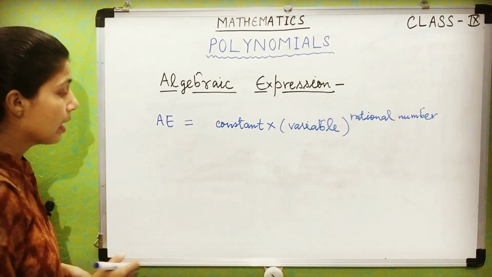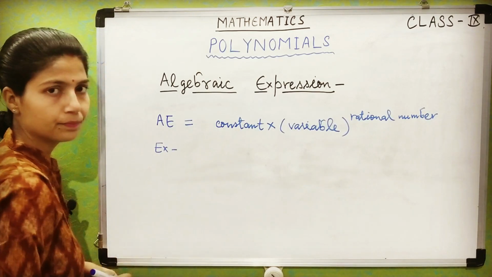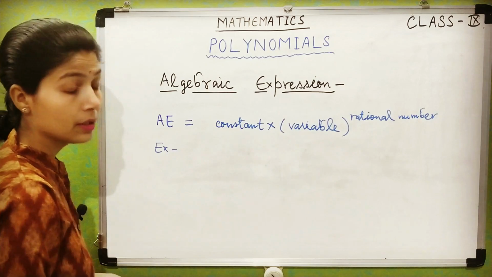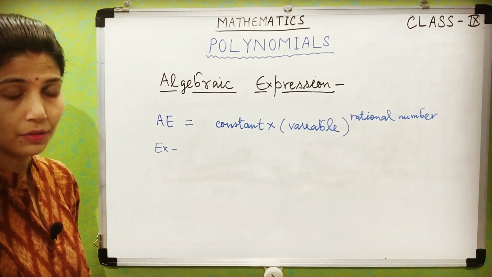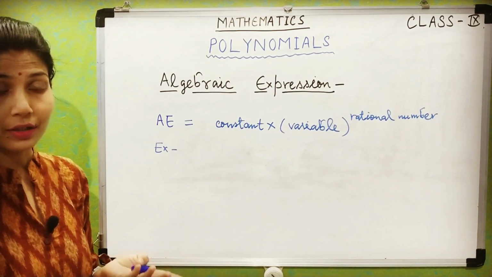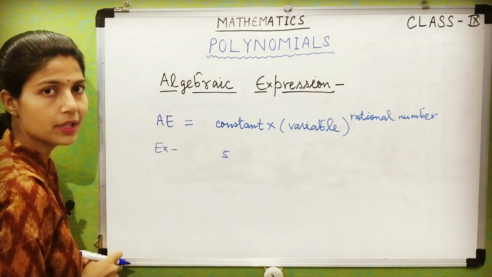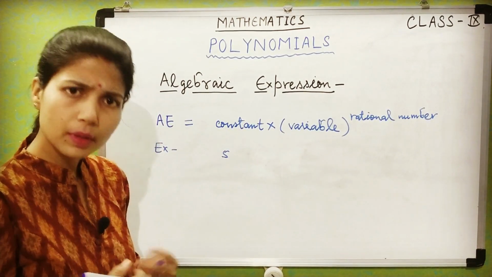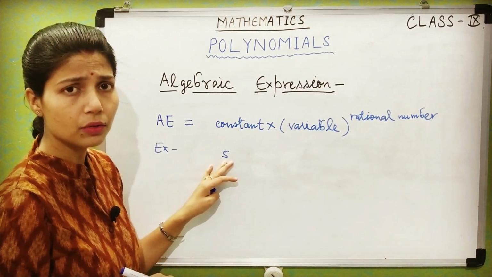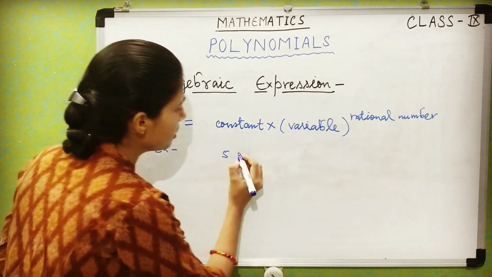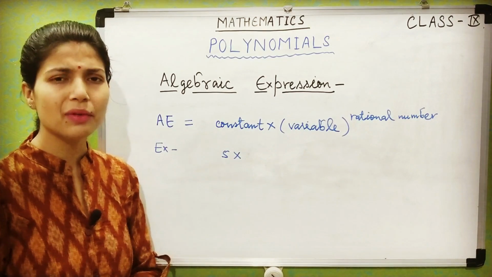Let's take an example for this. A constant is what will not change. The very easy examples of constants are numbers, which include integers, rational and irrational numbers. If I take 5, this is a constant because 5 will never change. In any case it cannot change its value. So 5 into some variable, and we know very well variables are represented by x, y, z.